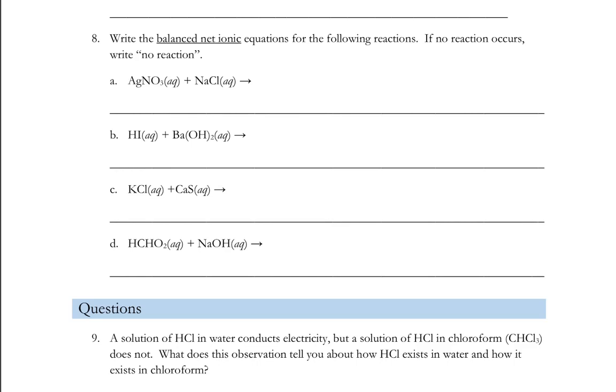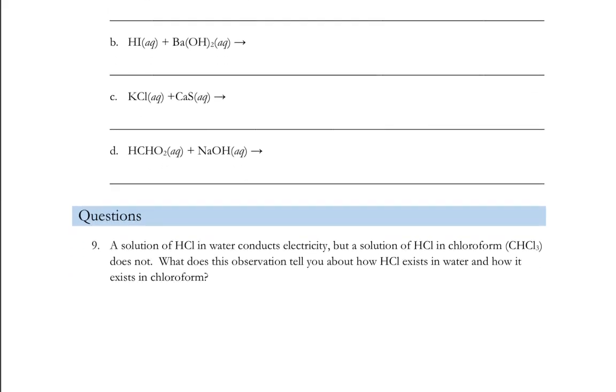B is an acid-base type reaction. C, again, a precipitation reaction. D is an acid-base reaction where HCHO2 is an acid, but it's not one of the strong ones, therefore it must be a weak one. Take that into account as you write out the net ionic reaction. And I strongly urge you to go back through the chapter 4 handout, very much making sure that you understand the difference between the strong and weak acids and the significance of that in the net ionic reaction.